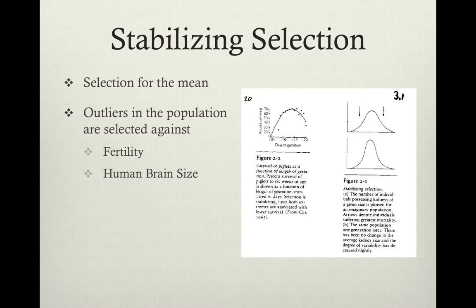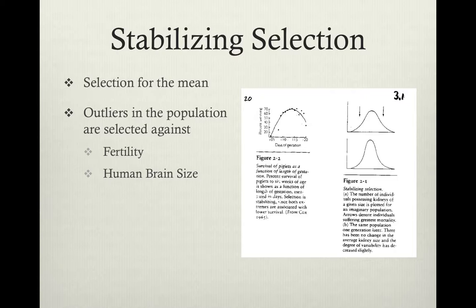With respect to human brain size, we don't find very many outliers around a species-typical brain size. So what does that mean? Well, modern humans have an average brain size of between about 1350 and 1450 cubic centimeters. We're talking about the volume of the cranial capacity. Individuals who are born with smaller than average brains tend to have developmental problems. They tend to have intellectual disabilities or challenges.